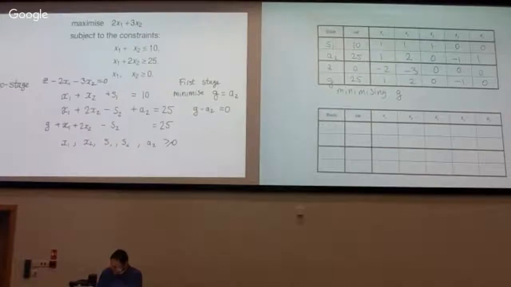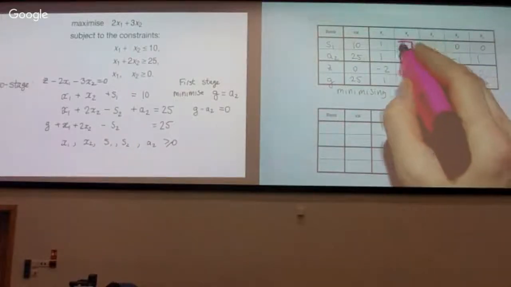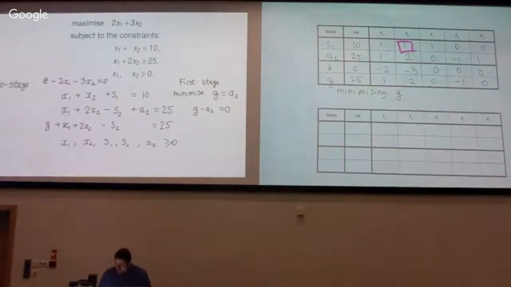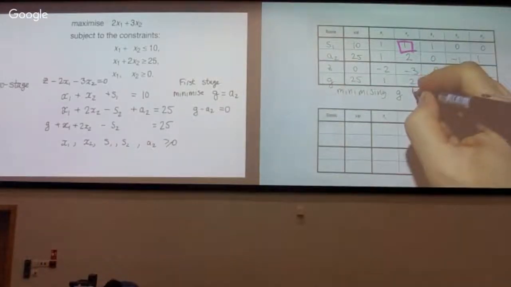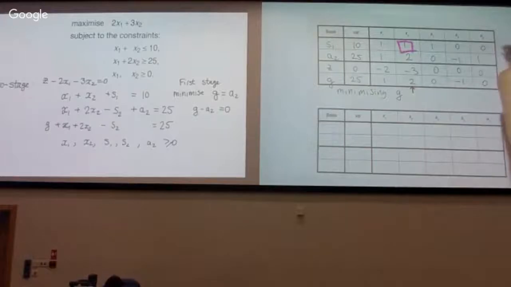Okay. Because of this 2 being the largest element in the G row, and because these ratios being 10 and 25 divided by 2, I'm taking the least ratio. Okay, that's the element.